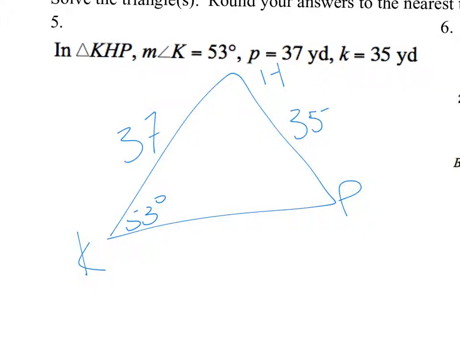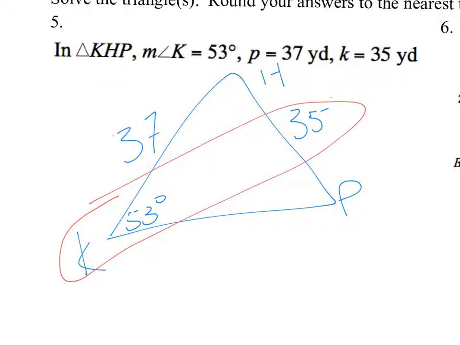Alright, this is one of those cases where I might have some kind of an issue in this problem. What we're going to have to do to check this is first acknowledge that we have an angle and then a side and then a side. That doesn't follow our rules of things that we can do well. We do have an opposite pair.